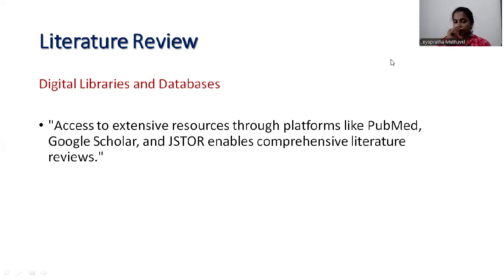Summarize the key findings and contributions of the literature. Discuss the strengths and weaknesses of the existing research. Highlight gaps. Suggest areas for future research. Okay. So, for doing this literature review, we need digital libraries and databases.